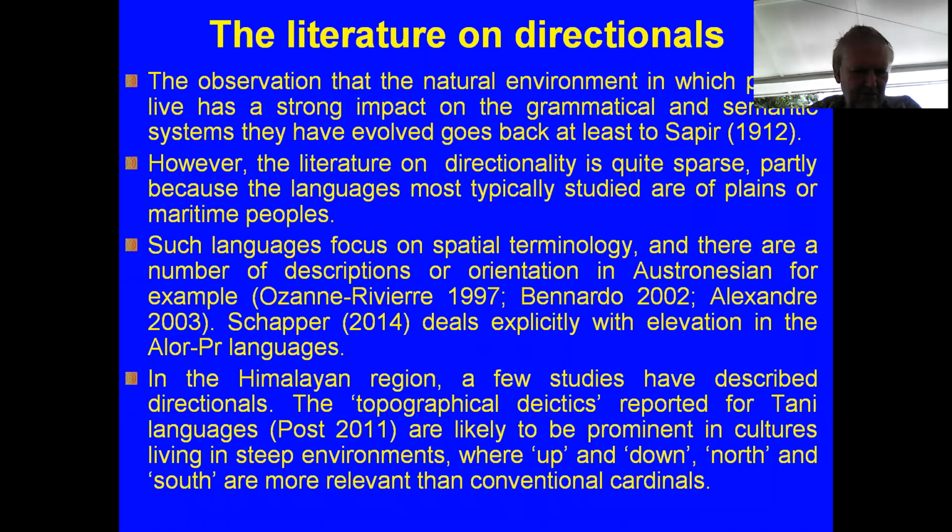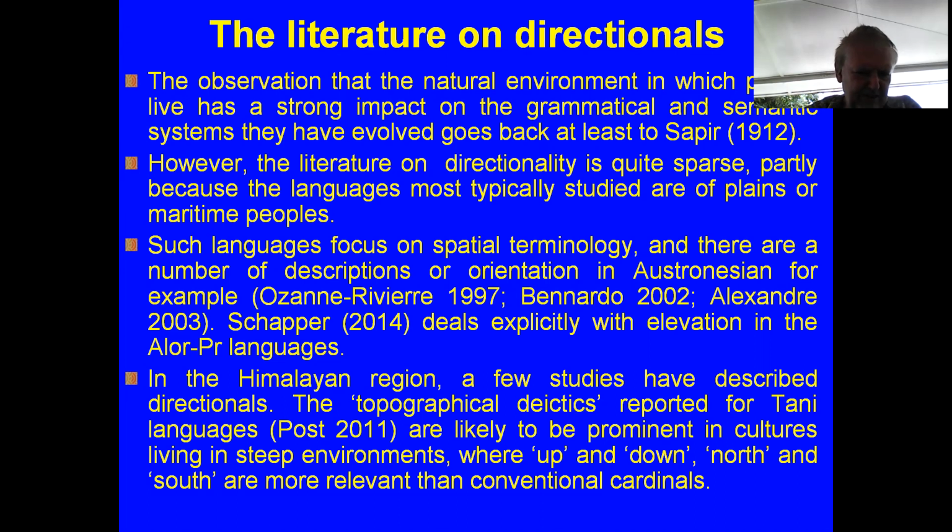Where you do have a focus on spatial terminology, and this is very common in Austronesian, just to give some references here, these tend to be cardinal directions and stuff that's more useful in relation to islands, currents and winds.